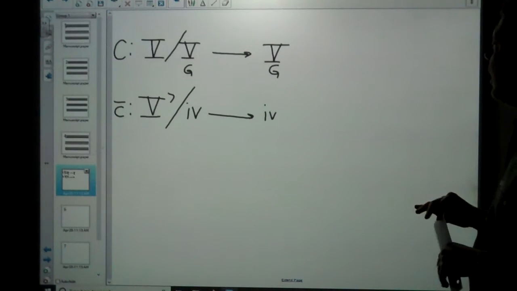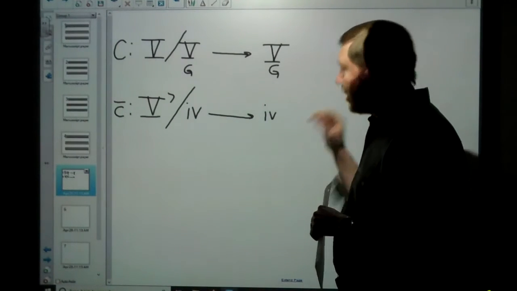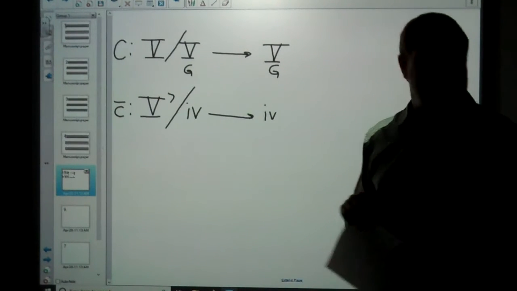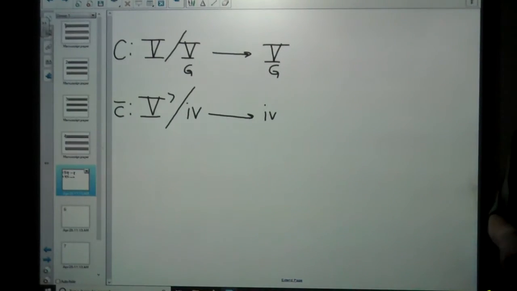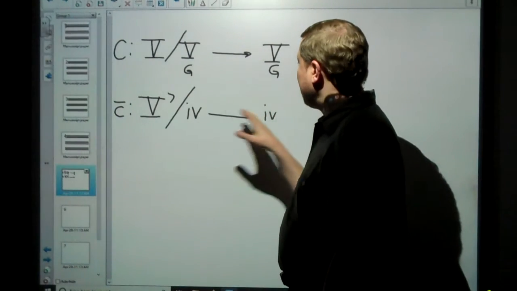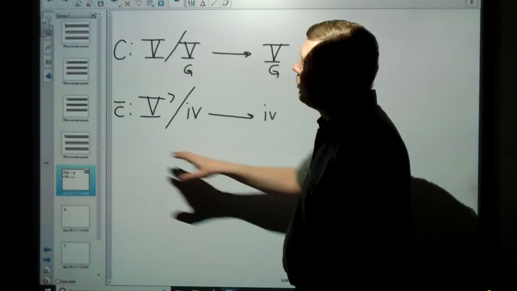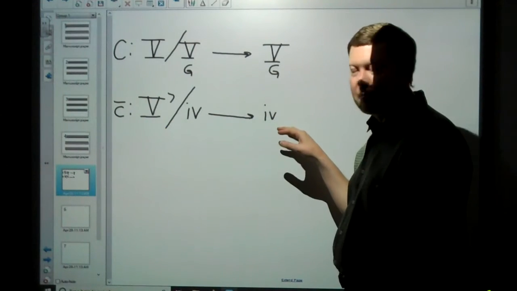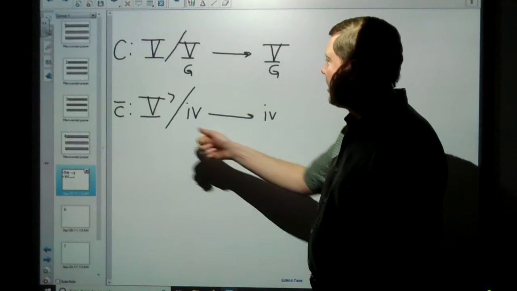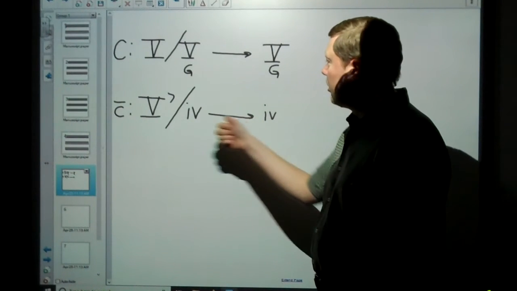And of course, remember that when a non-tonic chord is tonicized, the key of the passage does not change. So if I have a 5/7 of 4 chord going to a 4 chord, we're still in the same key throughout this entire process. It's just that the tonicization lasts for about 2 chords.